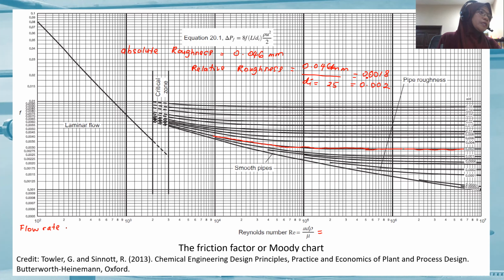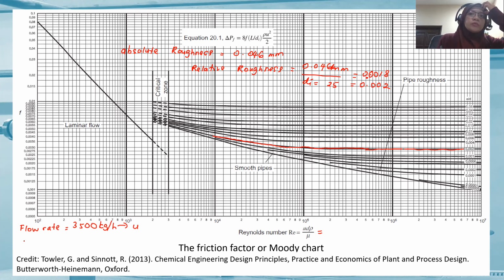Our flow rate is 3,500 kilogram per hour. With this, we're going to convert it into velocity.